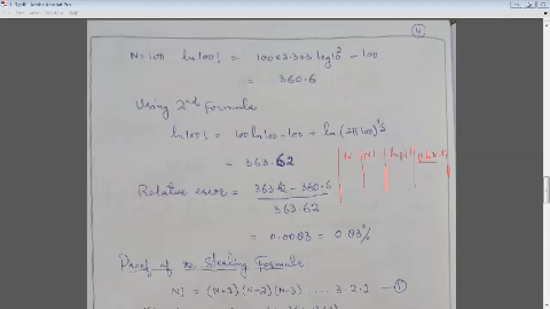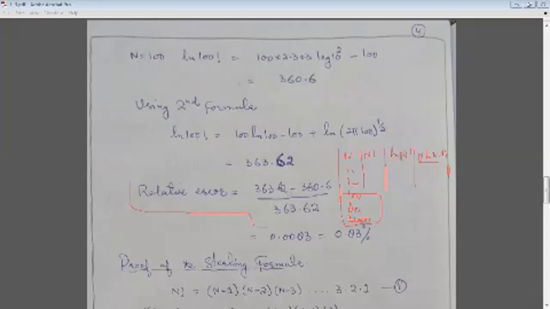For example, we have calculated n equal to 10 and 100, now try 1000, or you can also do it for 2000 or then 3000. You have to take n this much and do the same procedure using both the formulas and calculate this type of error.